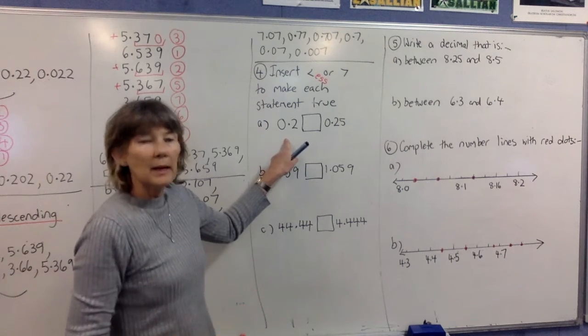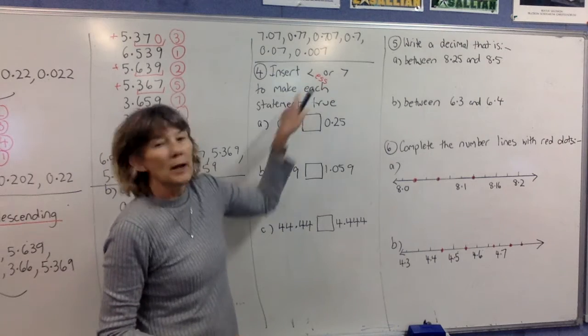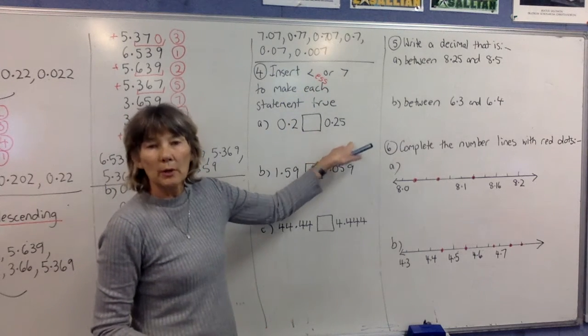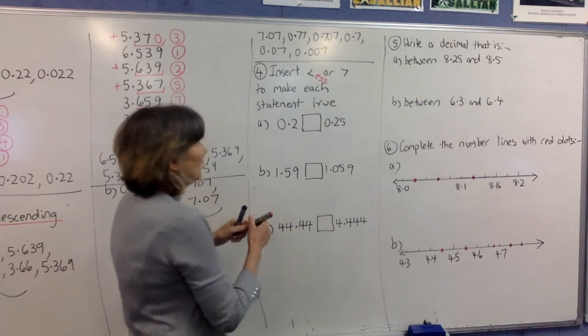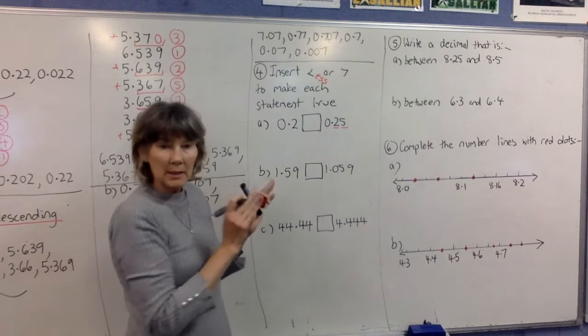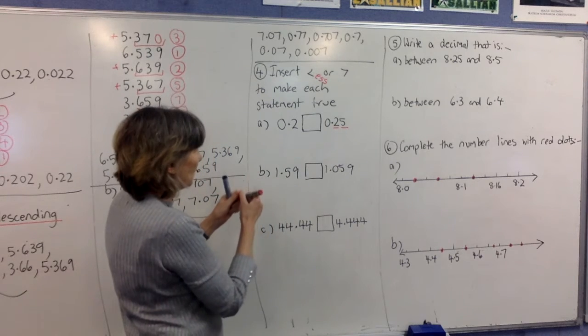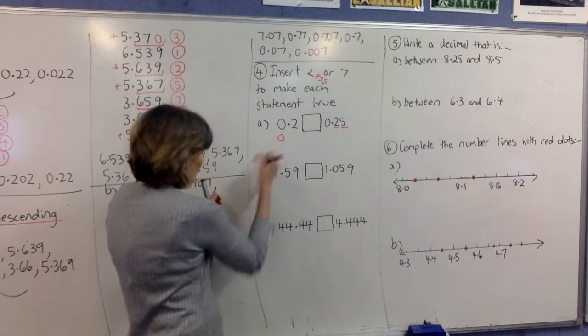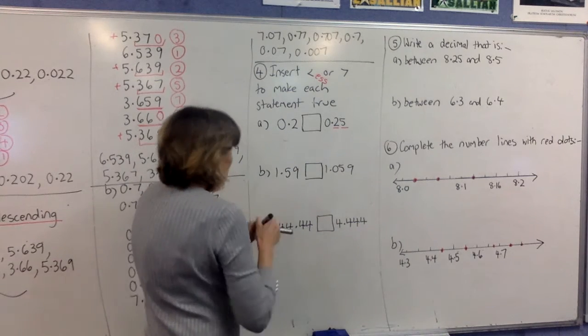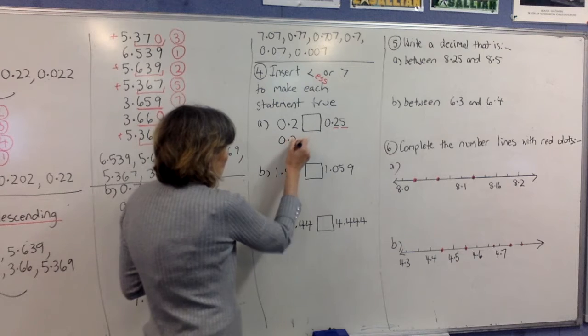All right, so this one here, we need to know which of these signs is going in that box. So this is 0.2 and 0.25. Now remember, that's got 2 decimal places. So if we put this one as 2 decimal places, I'll put it in black pen so that you can see what I'm doing. So 0.2.